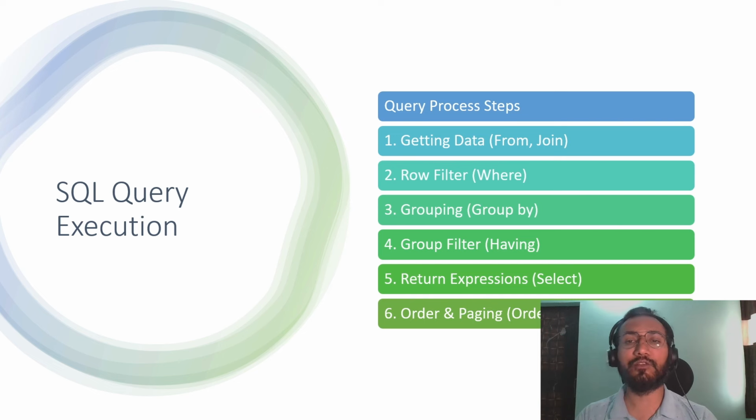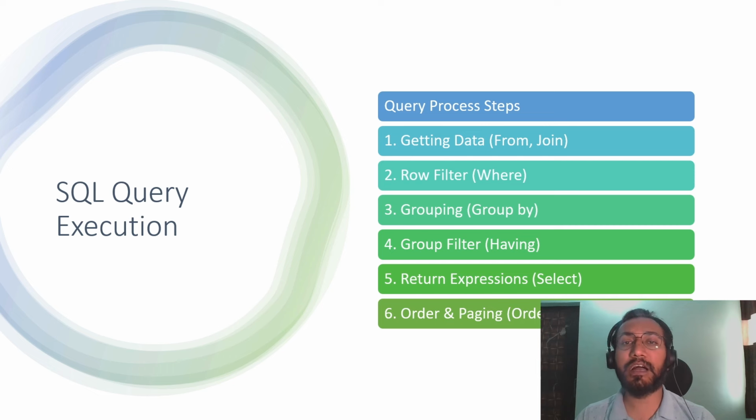I want to find those departments where the average salary is greater than 25,000. How do we do that? We have to use the having clause. Please keep in mind that the having clause must be used after the group by clause.